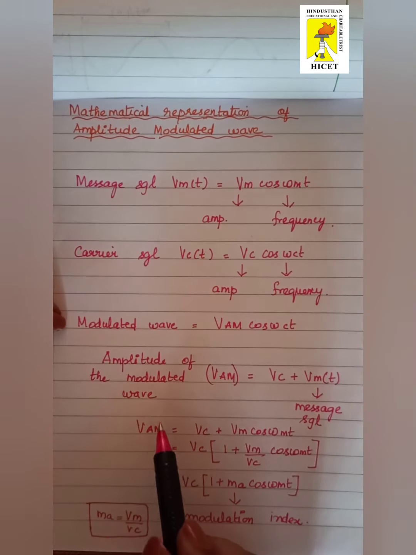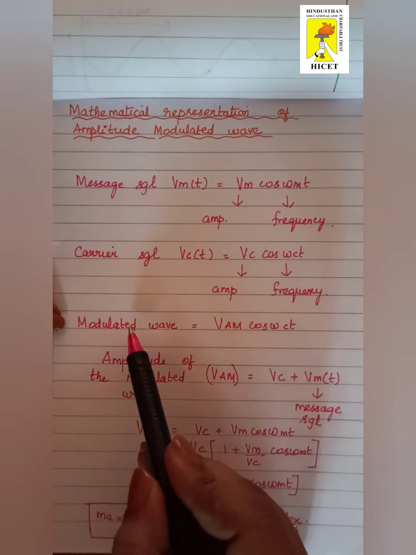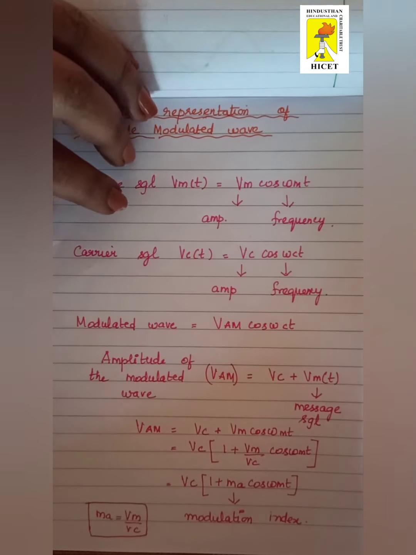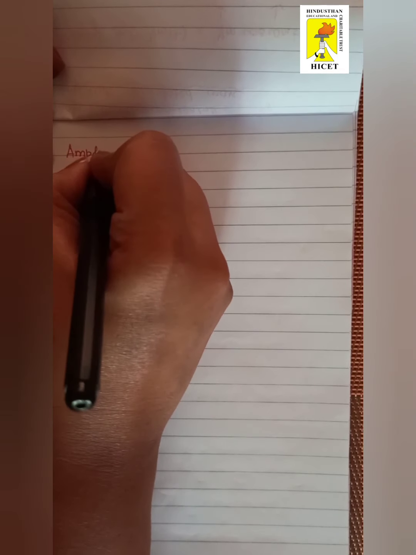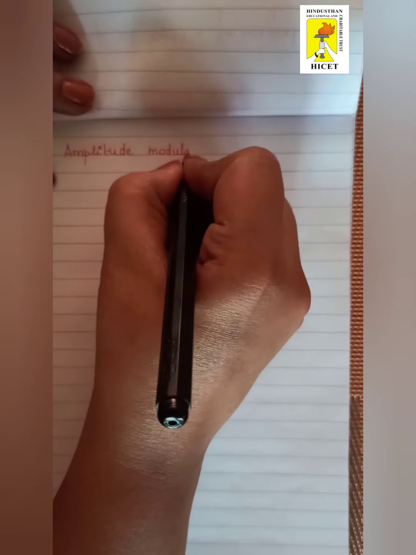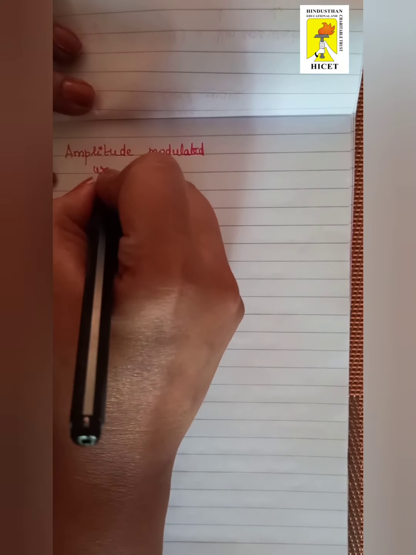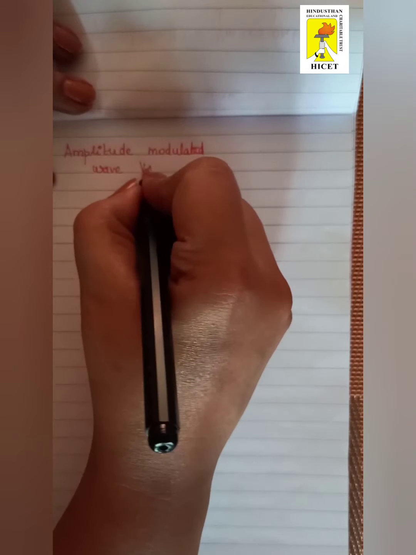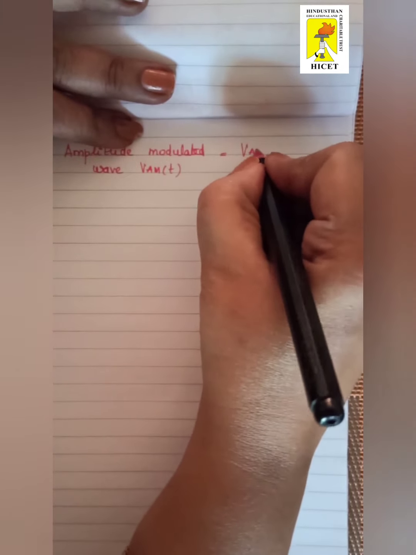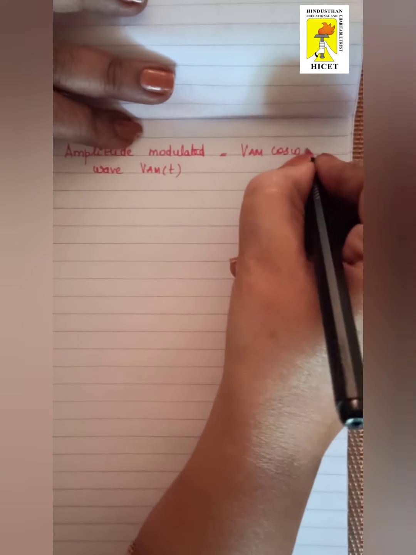So now this Vam can be substituted in the amplitude modulated wave Vam cos omega ct. So the amplitude modulated wave Vam of t is given by the expression Vam cos omega ct.